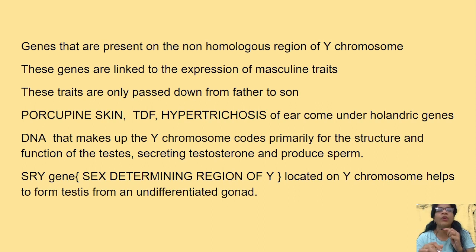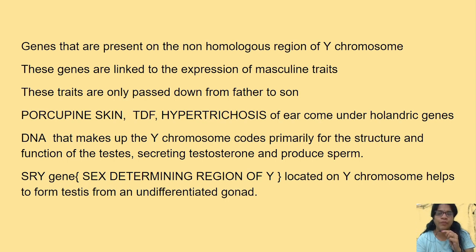It's a very vast topic that I will cover in the coming classes, but please be aware that testosterone is mainly controlled by the Y chromosome of the male. And the SRY gene is the sex determining region of your Y chromosome, which helps in the formation of the testis from undifferentiated gonads.